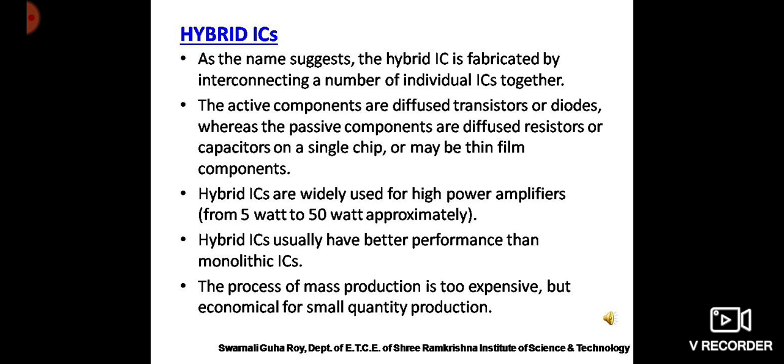The active components are diffused transistors or diodes, whereas the passive components are diffused resistors or capacitors on a single chip, or they may be in the thin film component form. Hybrid ICs are widely used for high power applications like high power amplifiers, where the power range is in the span of 5 watt to 50 watt.